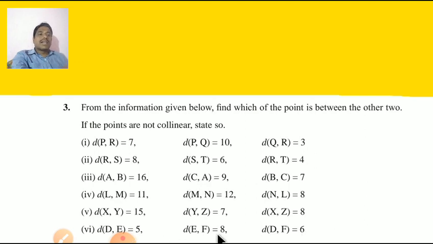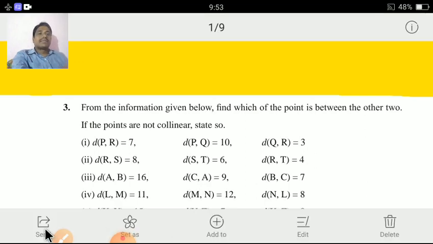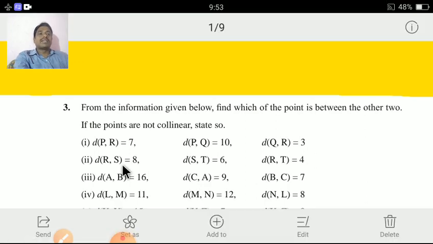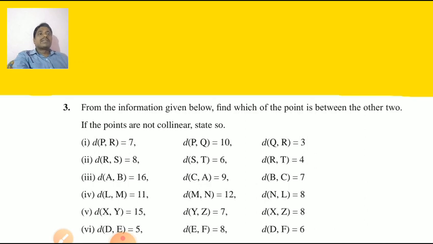Now here the largest number is 8 and the smaller numbers are 5 and 6. The addition of 5 and 6 is 11 and 11 is not equal to 8. Hence these 3 points D, E, F are not collinear. Not collinear means there is no point between the other two.